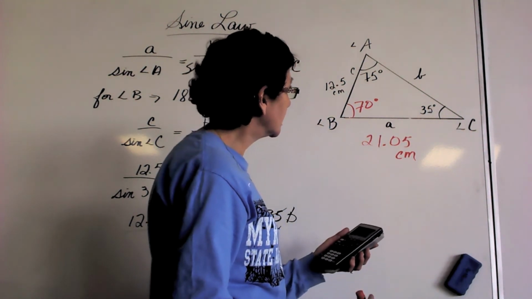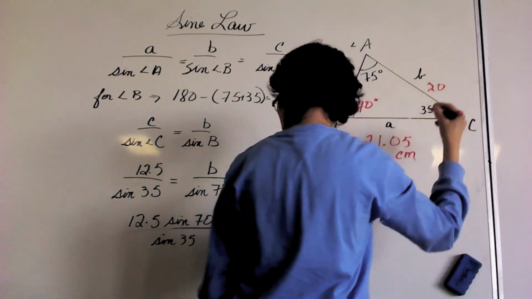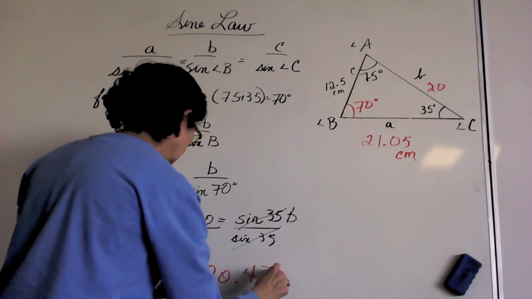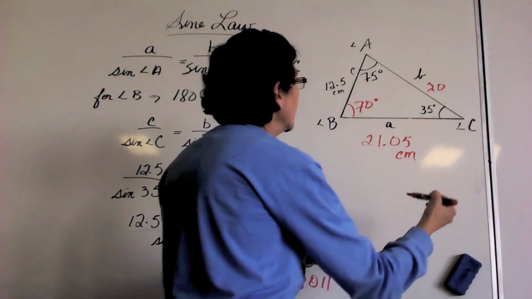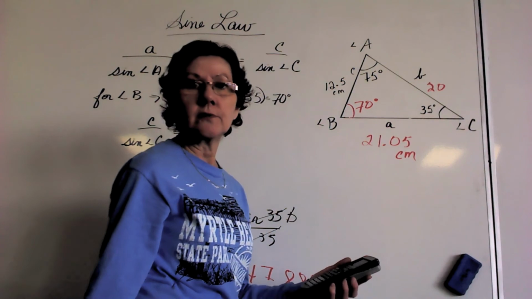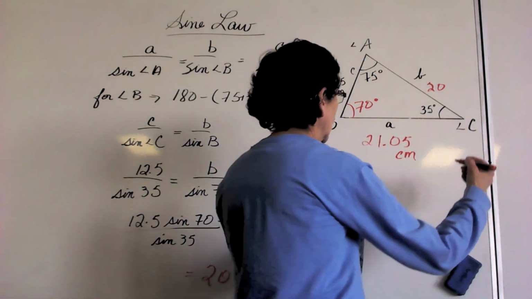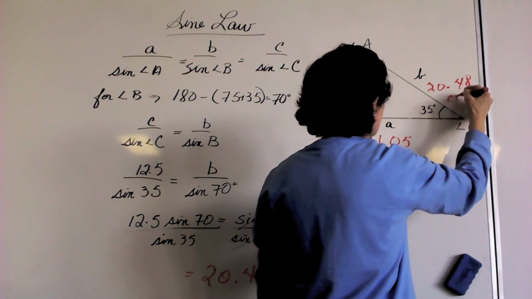Again, we're going to round it to the hundredths. We'll put the unrounded here, and then we're going to round it to the hundredth for our diagram, 20.48 centimeters.